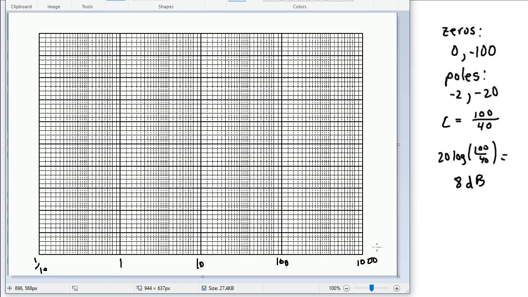So these are my actual omega values, and I also want to pick out a reasonable scale on my vertical axis, and I've got a bunch of first order poles that are going to go up in 20 dB per decade. So typically these major divisions are in 10 dB or perhaps 5 dB, some multiple or submultiple of 20.